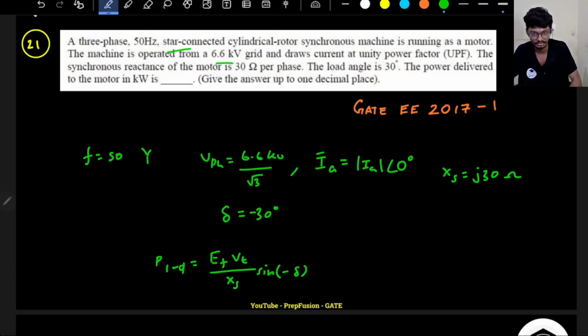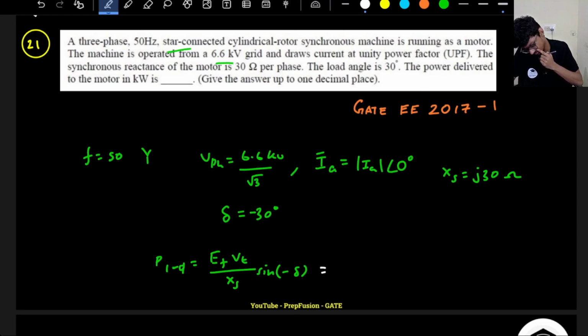So what will be the power input to the motor? That is what they are asking. The line is lossless. Do I know about EF? I don't have any idea about EF, so I cannot use this formula.